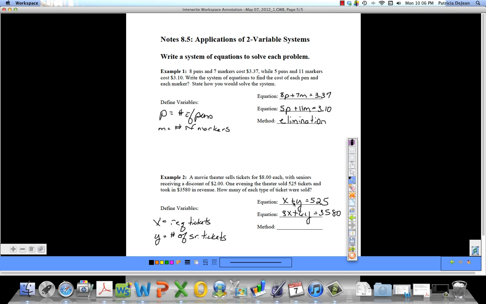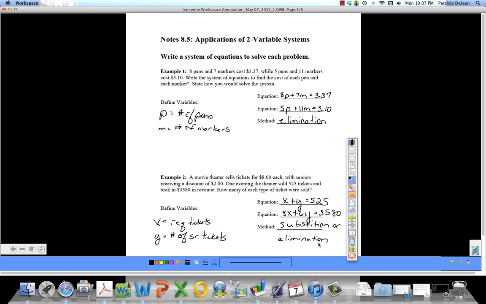Since you have some of these variables that have just one as a coefficient, this one could be solved either way, by substitution or elimination. Doesn't really matter which one.